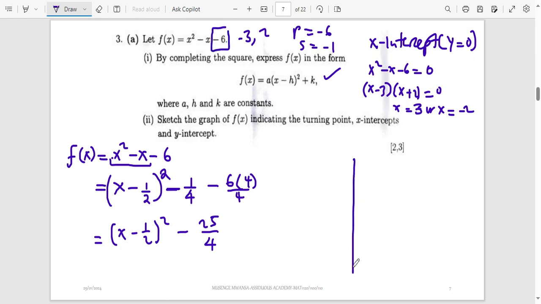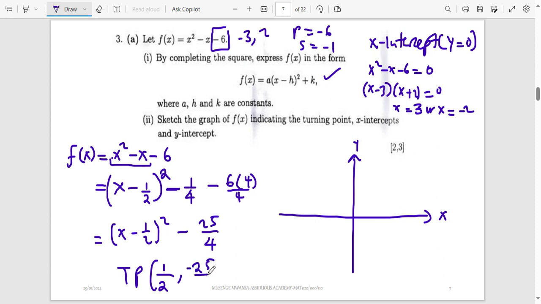So we can sketch our graph. We put our turning point. Our turning point will always be the number in the brackets, change the sign, 1 over 2. If it was positive, it would be negative 1 over 2. And then get the number outside the brackets. You don't change the sign, negative 25 over 4. 4 can go into 24 like 6 times.